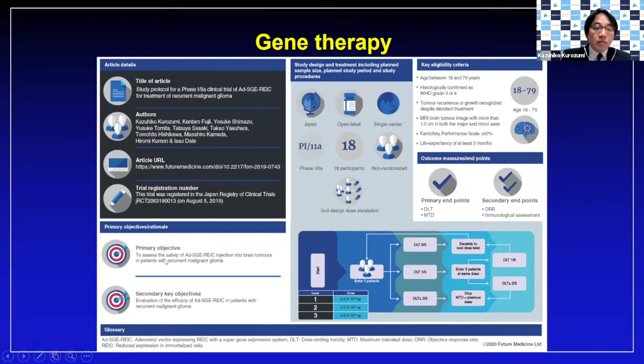The primary endpoint is to assess the safety of Ad-SGE-REIC injection into brain tumors in patients with recurrent malignant glioma. The secondary objective is efficacy. This is performed in Japan, open label, single center. This is an ongoing clinical trial, and we are waiting for the result.